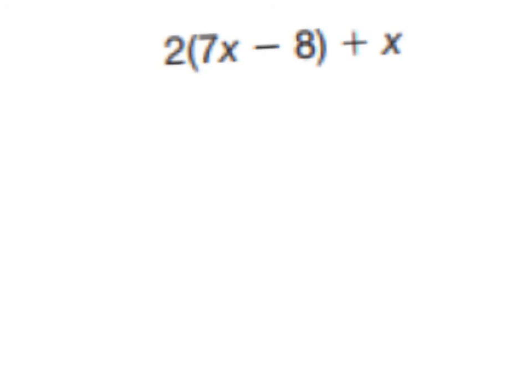Okay. Now we have another distributive property with a variable on the side. So first, you still have to distribute. Remember, you only distribute to numbers that are the terms in the parentheses. So I would do 2 times 7x first, which gives me 14x, and then 2 times 8, which is 16. But see, there is a subtraction sign, so that's what we need to write down here as well.